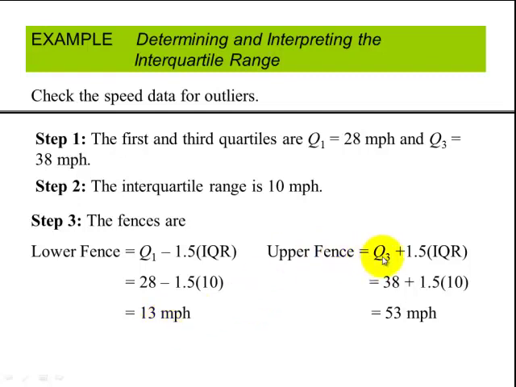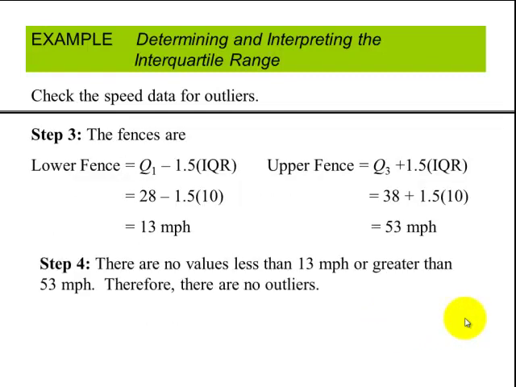The upper fence is Q3 plus 1.5 times IQR. So that's 38 plus 15, and we have 53 miles per hour. That's the upper fence. Since there's no values that were smaller than 13 or larger than 53, we say the data set has no outliers.